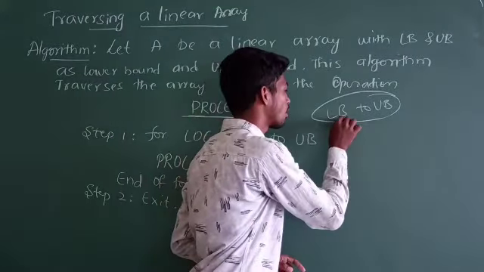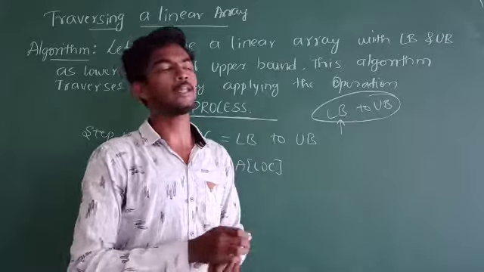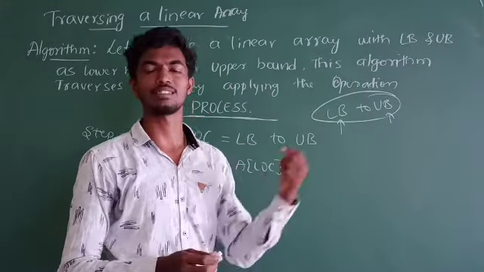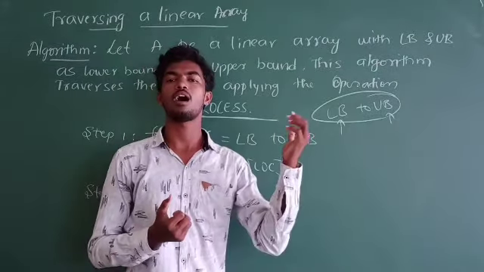The lower bound is the start of the array and the upper bound is the end of the array. This is the traversal operation.